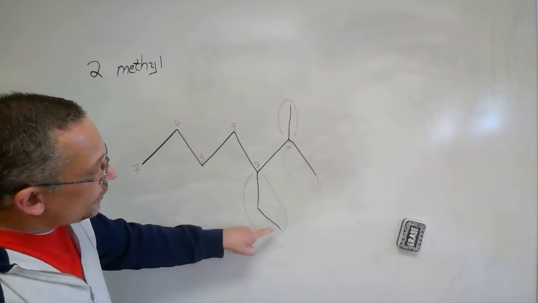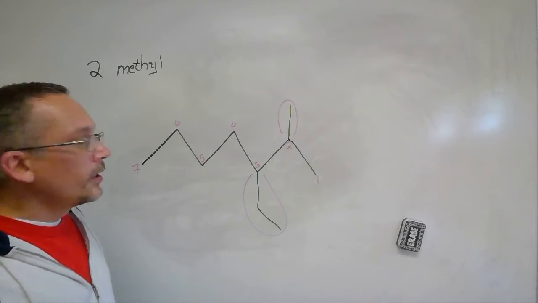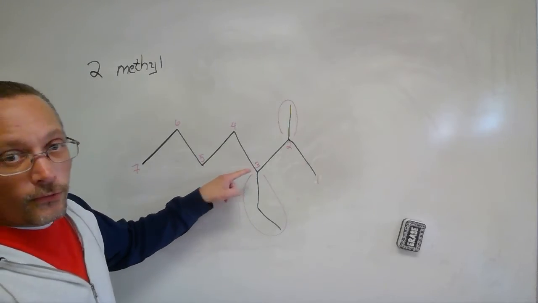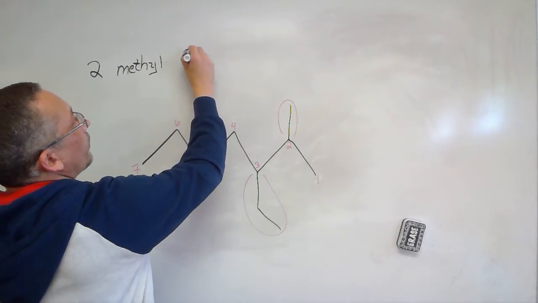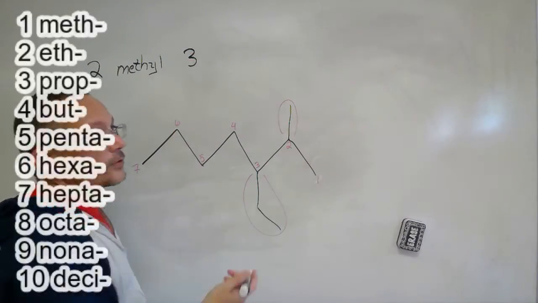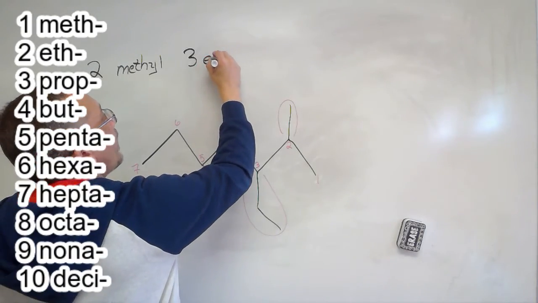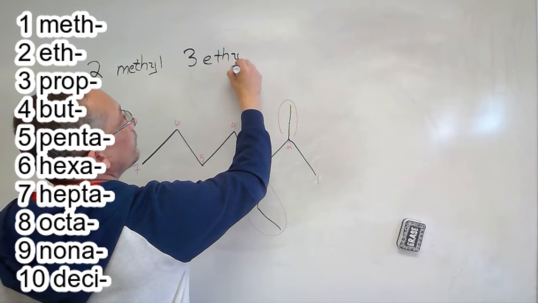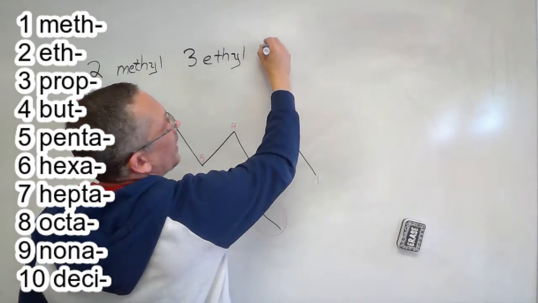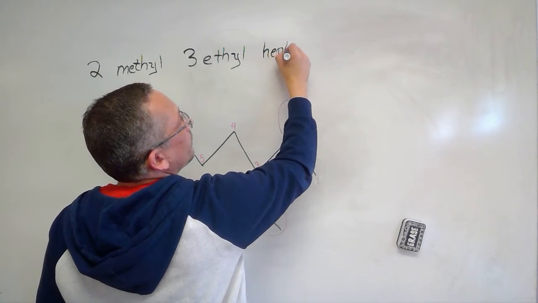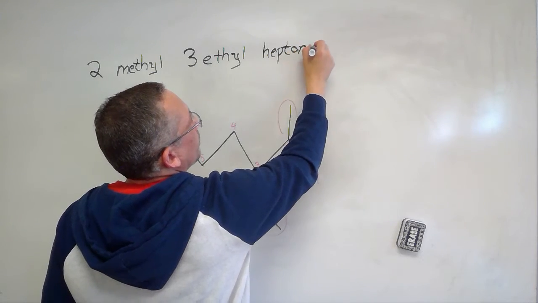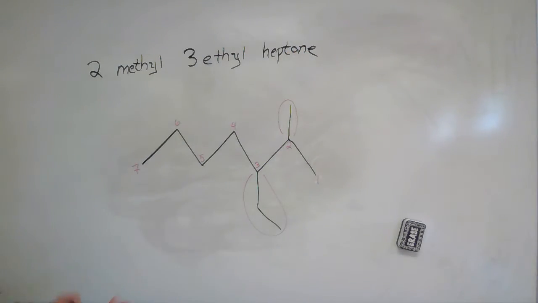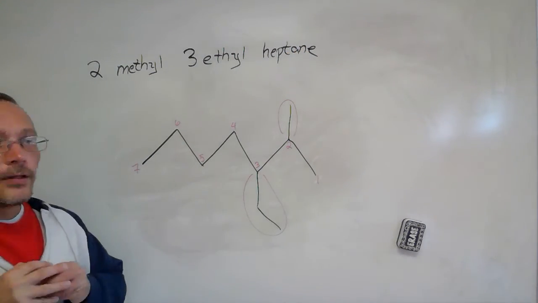You can see I have 2 carbon atoms in that branch, and it comes off of carbon number 3. So this will be 3, and the organic prefix for 2 is eth. The suffix will be yl. And let me put my word heptane back there. So that one is called 2-methyl 3-ethyl heptane.